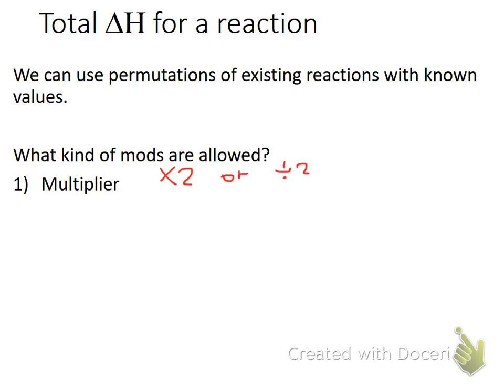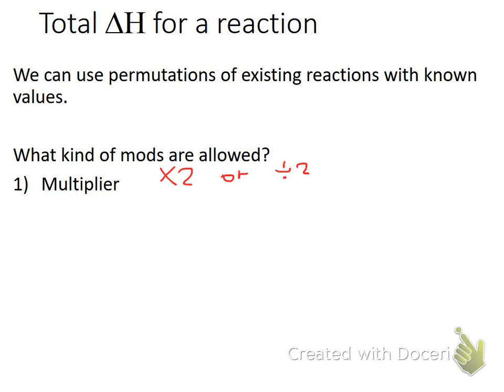But what happens to the delta H when you only run half the equation, or if you run double the equation? Well, if you upgraded from an iPhone 6 to an iPhone 8, and the difference is $200, what happens if you do 2 iPhone 6s and you upgrade to 2 iPhone 8s? You would then need to throw in how much money? $400.